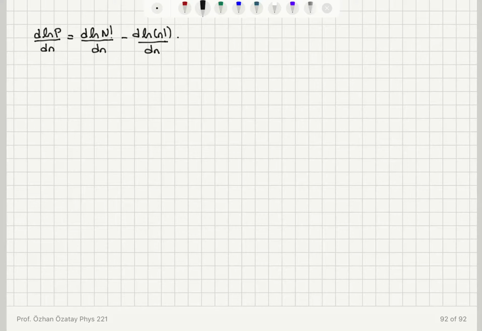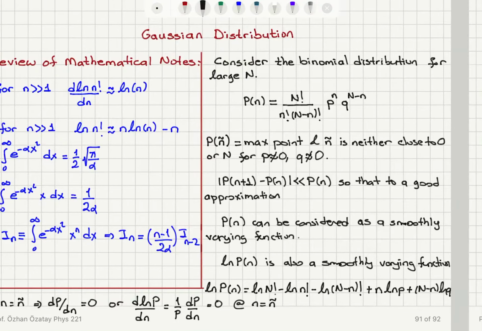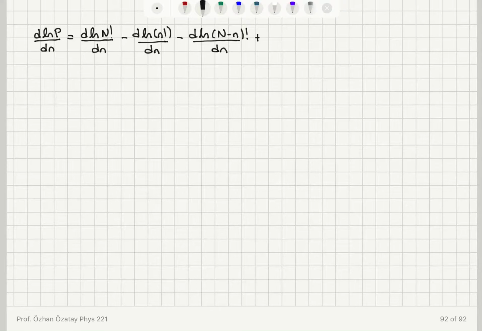And then I have minus d natural logarithm of capital N minus n factorial dn. And then I will have plus, since there is an n here, this derivative will give me 1, so this will be the natural logarithm of p.